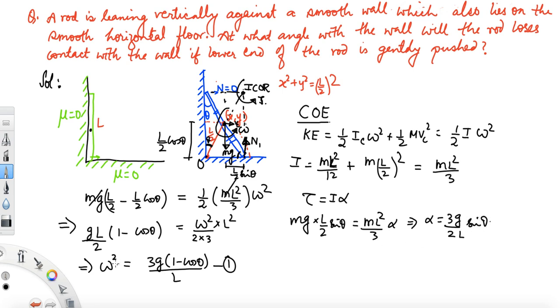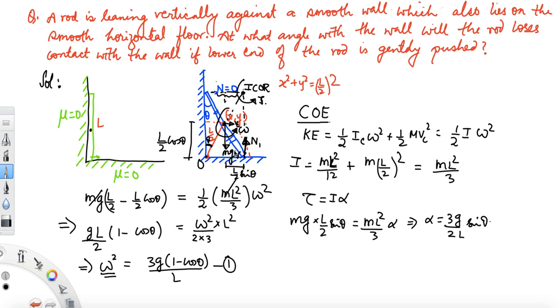This is alpha we have, and omega square we have this. Now we have to think of another condition, like normal reaction force is equal to 0. Under normal reaction force equal to 0, what equation can we make? Look at the center of mass. Center of mass is traveling in circular motion, right?